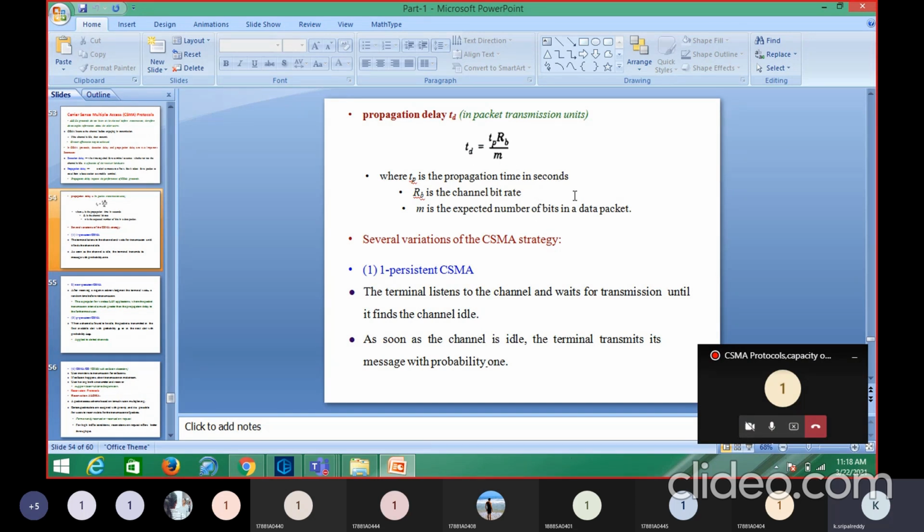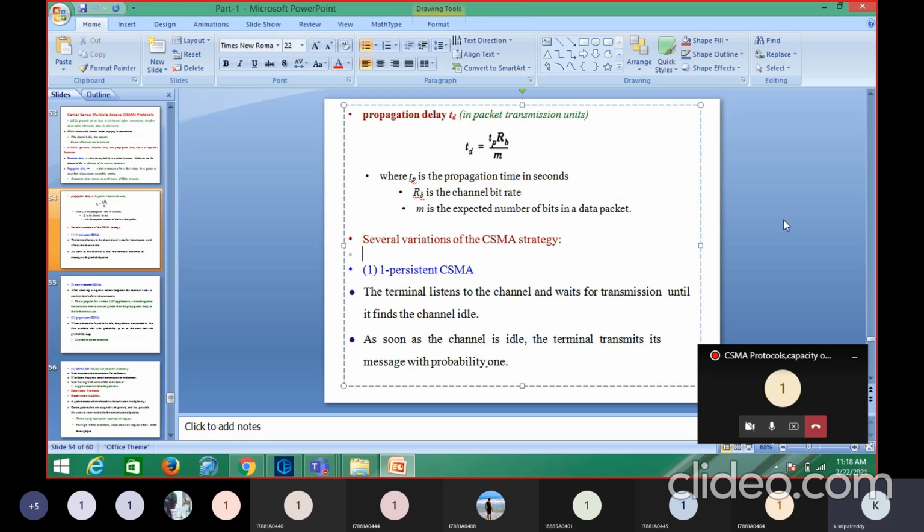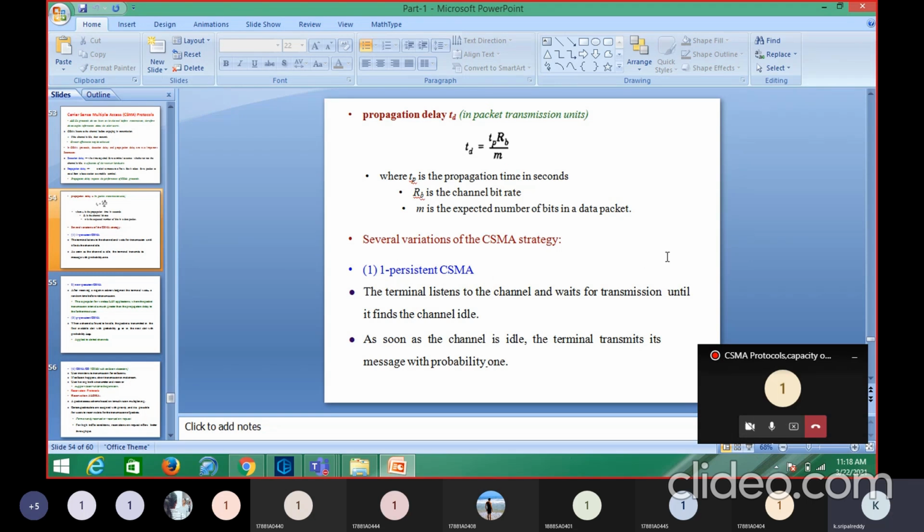Depending upon the variations of carrier sensing in CSMA, there are three methods. The first one is one-persistent CSMA. Here the terminal listens to the channel and waits until the channel becomes free or idle.